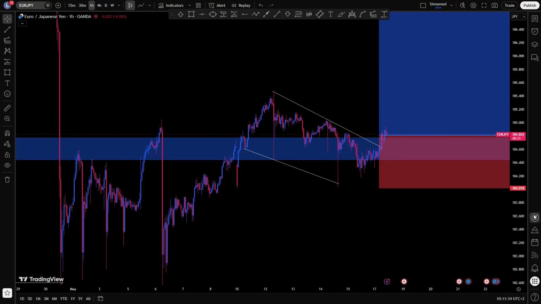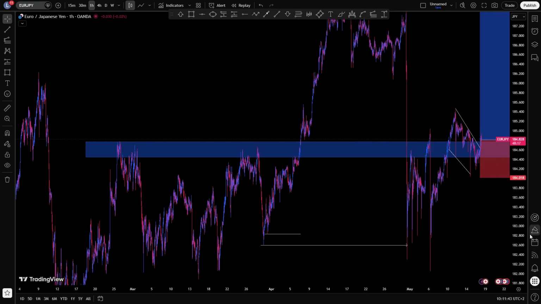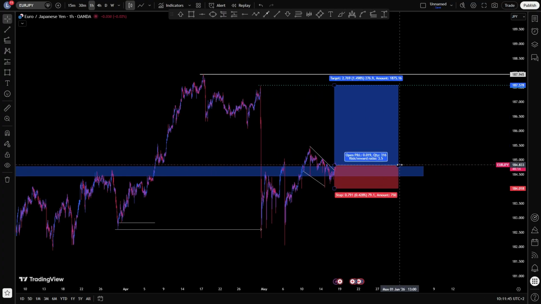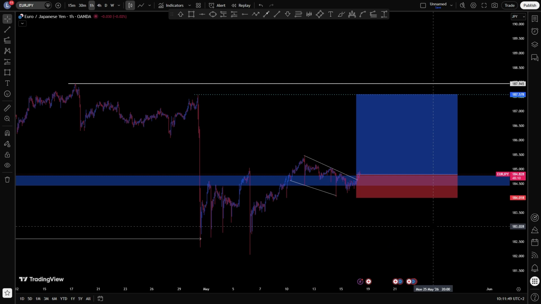Broke it. Now we had a bullish engulfing. What is left for us to do is just follow the market. The market is buying long term. You should just follow the market.